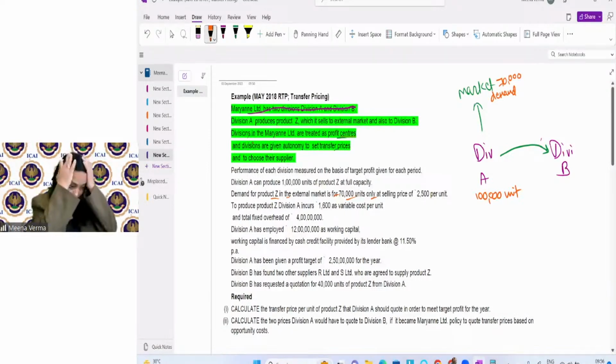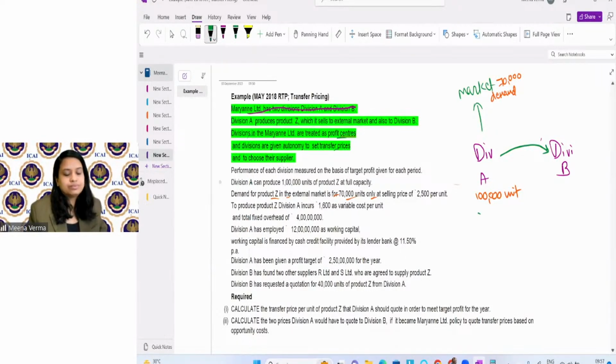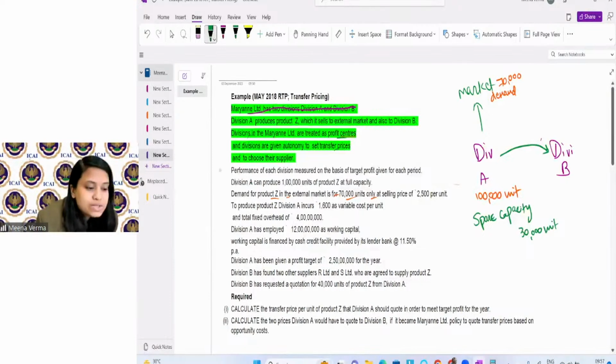That means they have spare capacity for 30,000 units. And this is given here. Okay. What else do we have here?